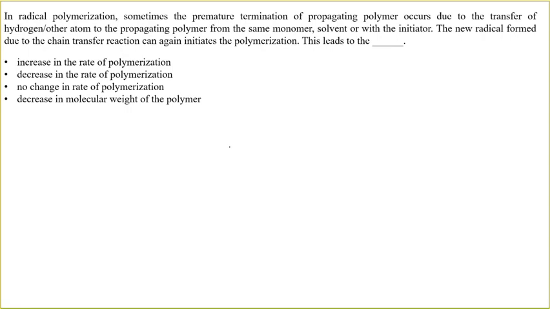So in radical polymerization, the premature termination of propagating polymer leads to a decrease in molecular weight of the final product. The molecular weight is decreased since there is premature termination. The polymer chain is not allowed to grow to its maximum potential.